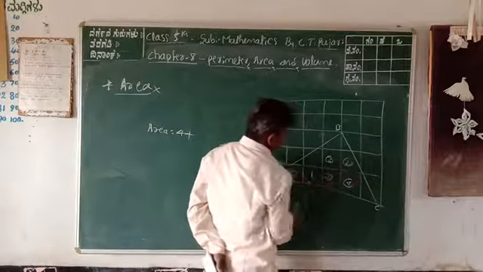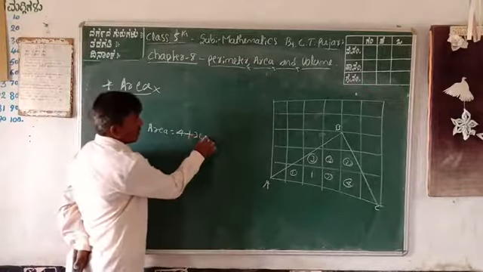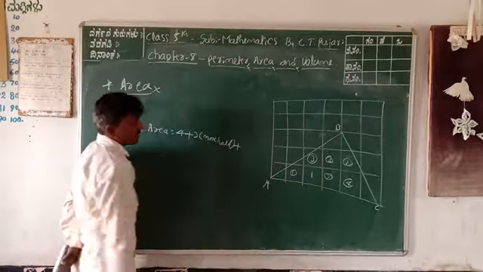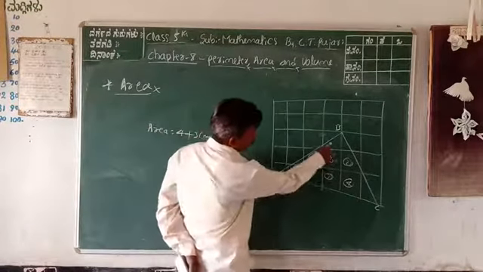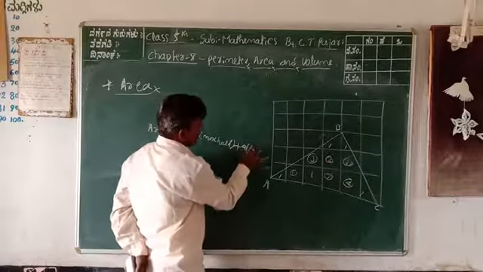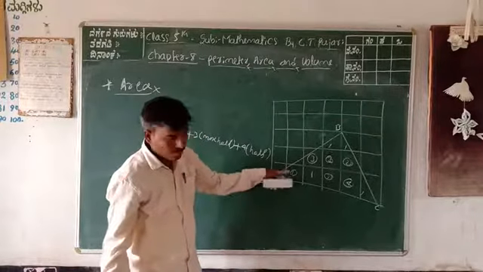Next 2, 3, so 3 are more than half. Next, only half squares: 1, 2, 3, 4 are half squares. Otherwise the small parts can be removed, no problem.